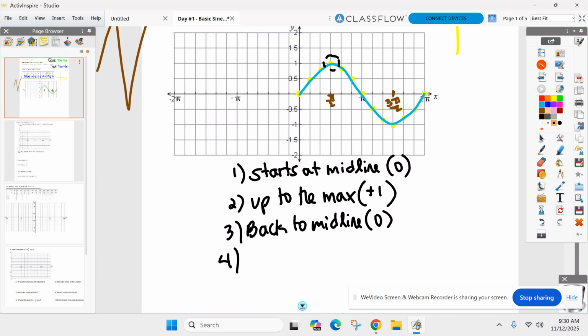Down to? What's that point down below here? Minimum, which is? What's our minimum? Negative 1. Down to the minimum, which is negative 1. And then where does it finish? At the midline, 0.